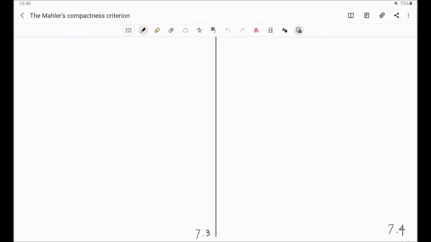Now let us talk about a corollary of Mahler's compactness criterion that frequently appears in dynamical systems. This criterion is about the divergence of a trajectory in a homogeneous space.